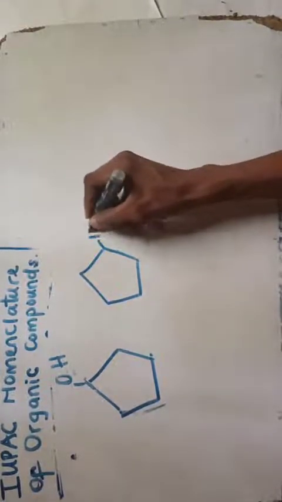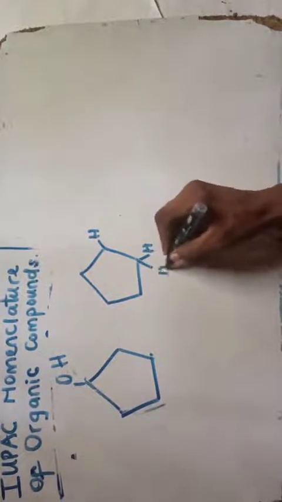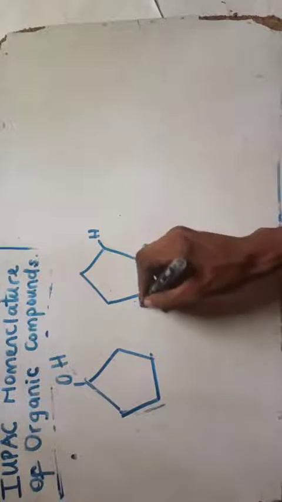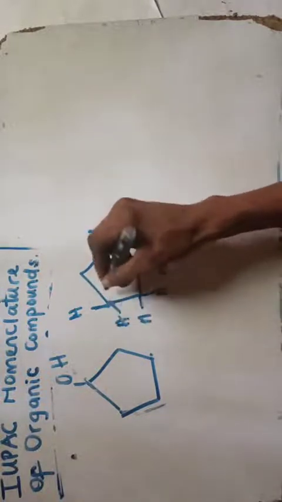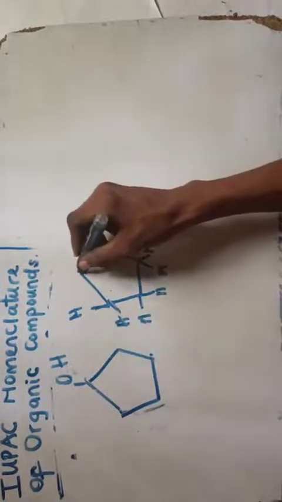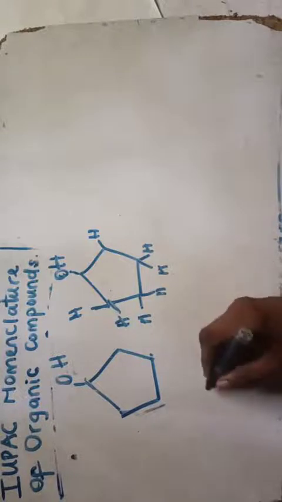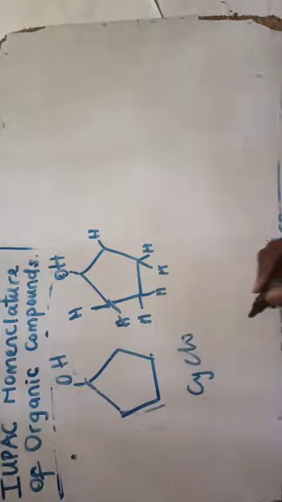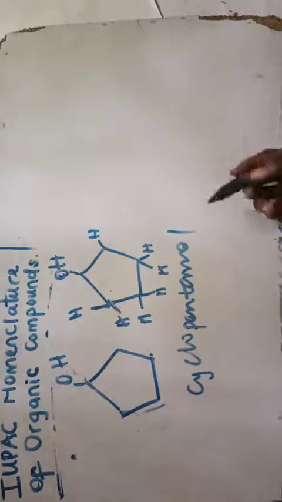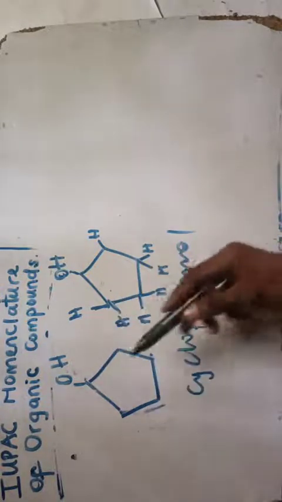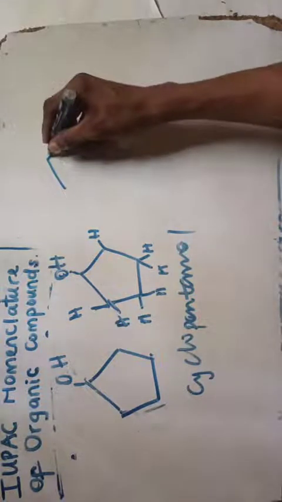And you have your H, your H, your H, your H, your H, your H, your H, and you have your O. So you see, here it is cyclopentanol. It's just 1, so cyclopentanol, 1, 2, 3, 4, 5. That is 5, pentanol.